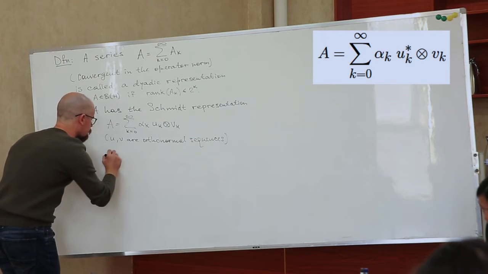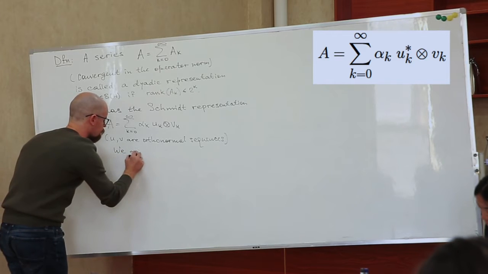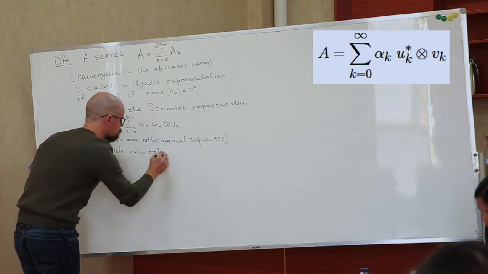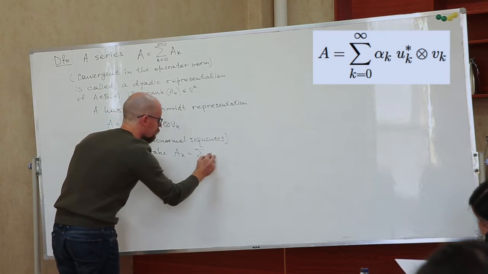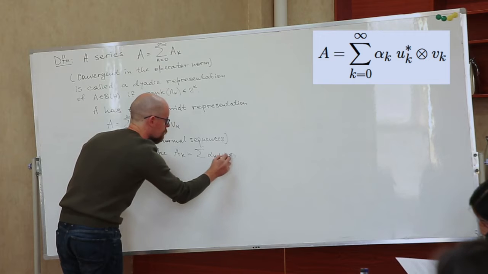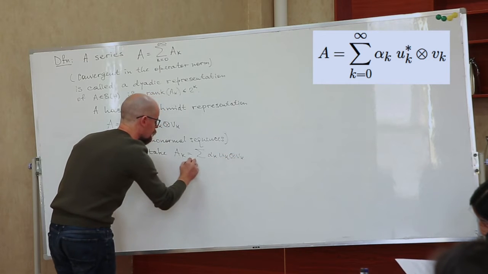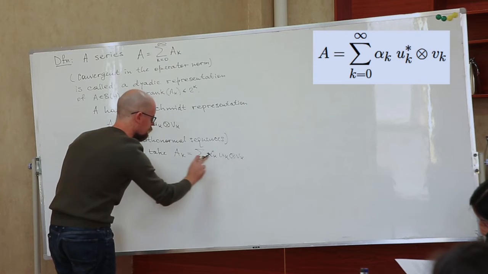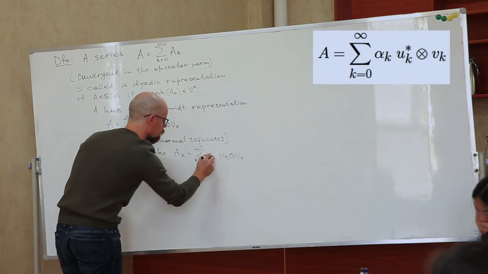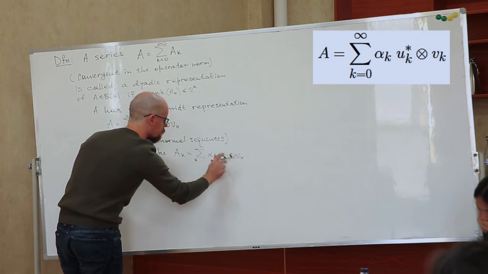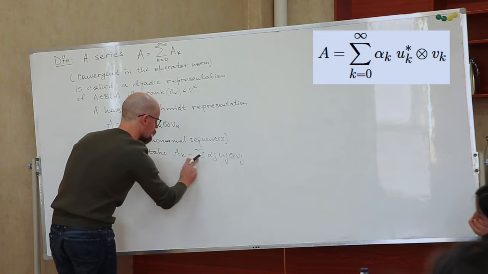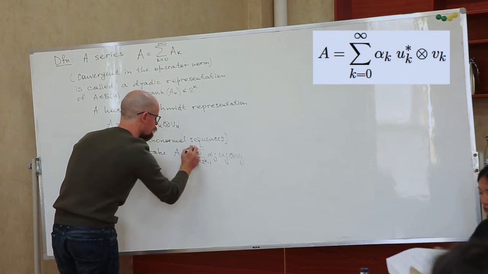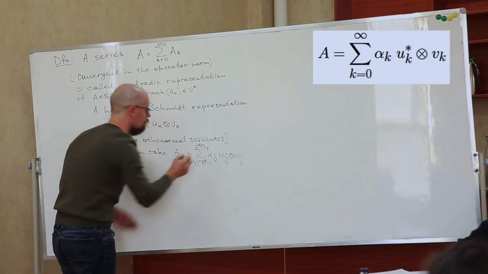And then we can take A_k to be just these sums, but with j running from 2 to the power of k to 2 to the power of k plus 1 minus 1.